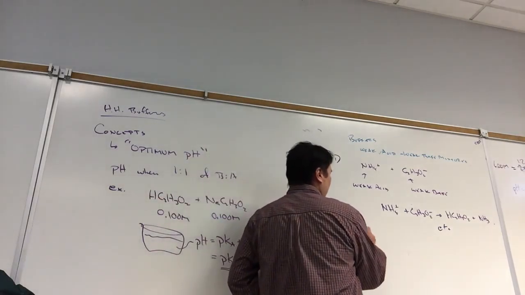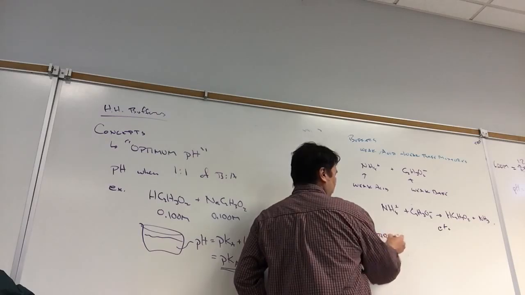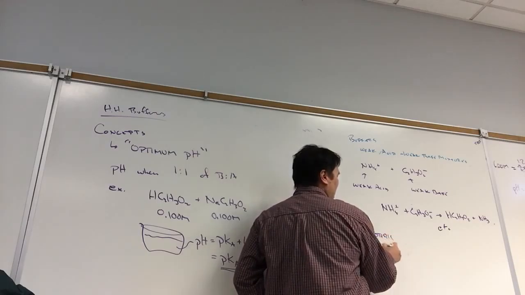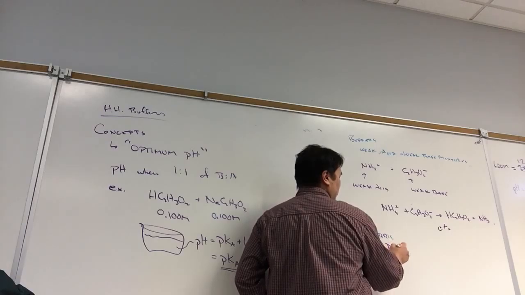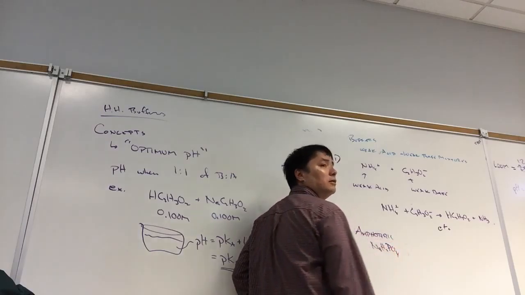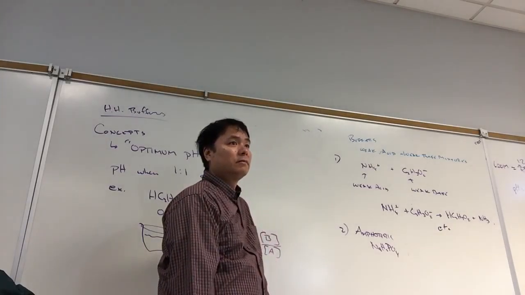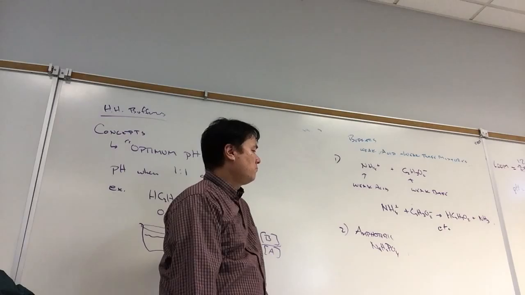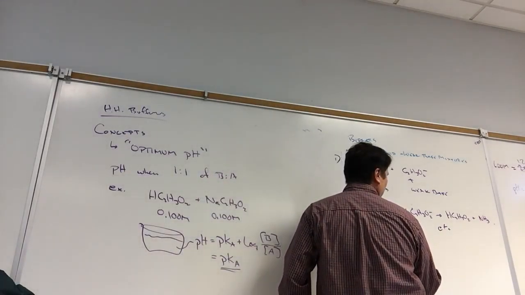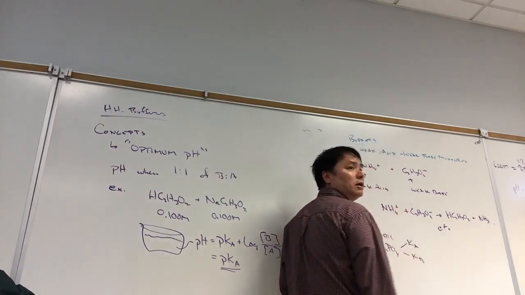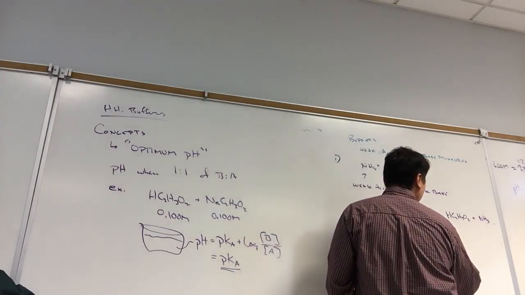Then we talked about amphoteric. Amphoteric would be like sodium hydrogen phosphate or something, dihydrogen phosphate. Amphoteric is going to be Ka and Kb for the same species, right? And this can be solved simultaneously.